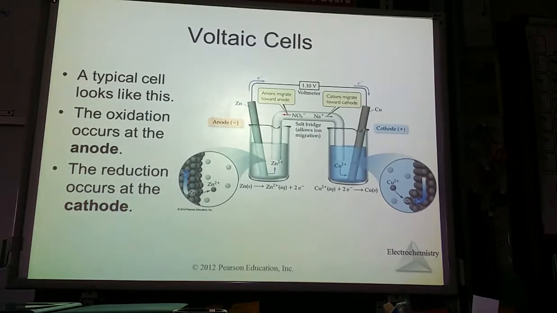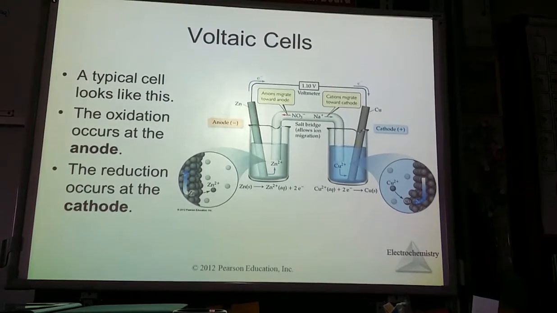Now, for this voltaic cell to be electrically neutral, we said that our final piece of this voltaic cell is going to have to be a salt bridge. Now, a salt bridge is just going to allow ions to migrate to keep the charge electrically neutral.